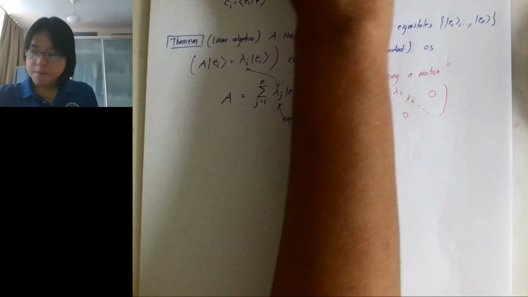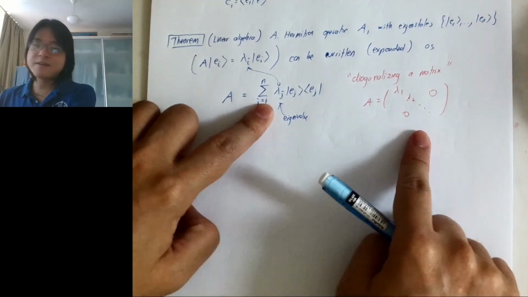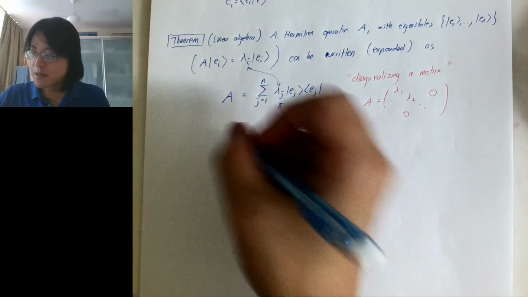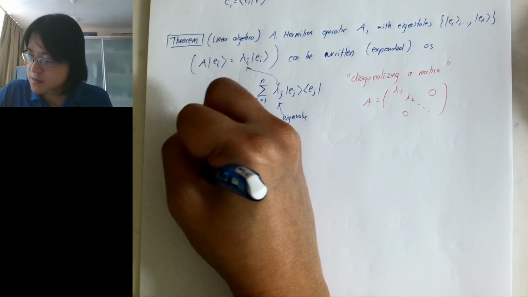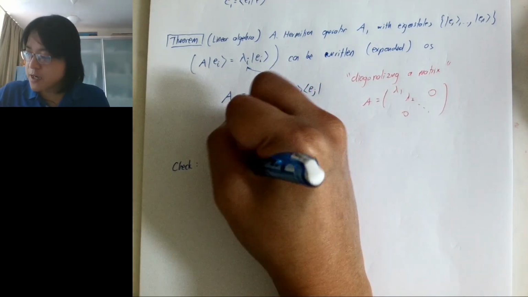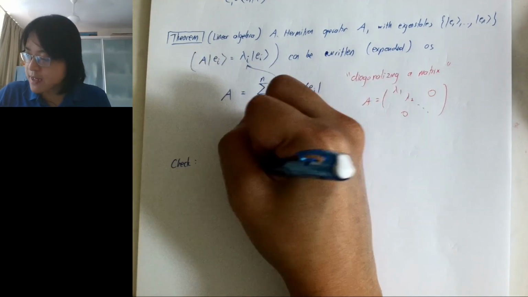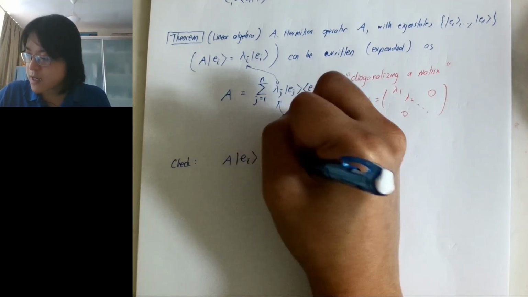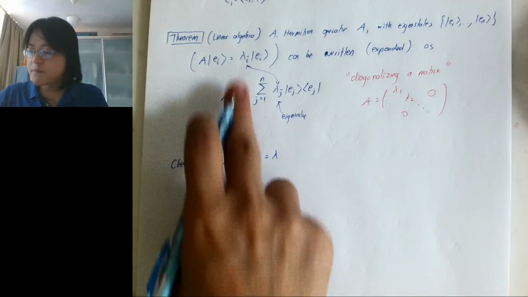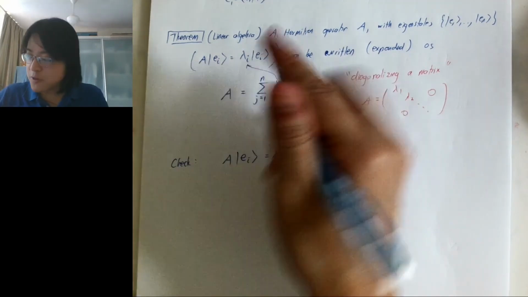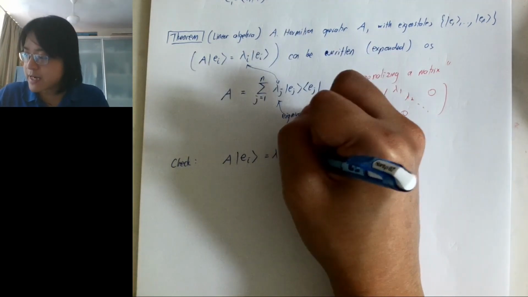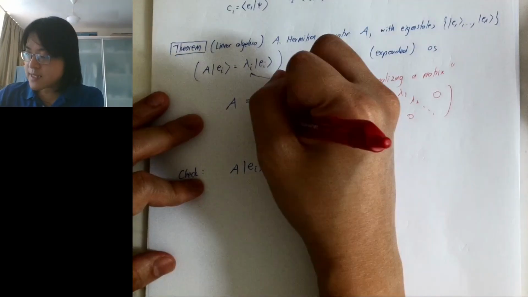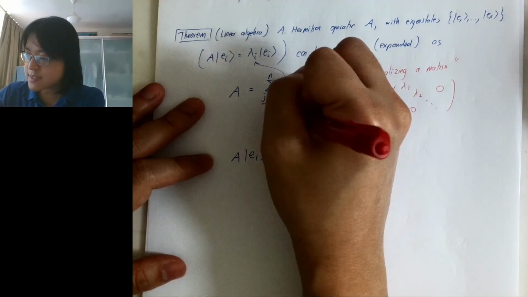But like I said, it's like diagonalizing a matrix, but just to practice our bra-ket notation, we can check. Because just now we said that if I take this Ei and act A on it, by definition I get lambda i times Ei. And this theorem says that A can be written like this, so I can substitute it here.